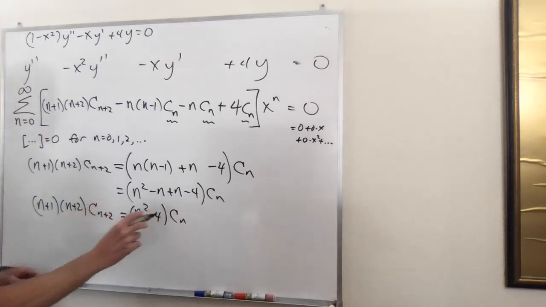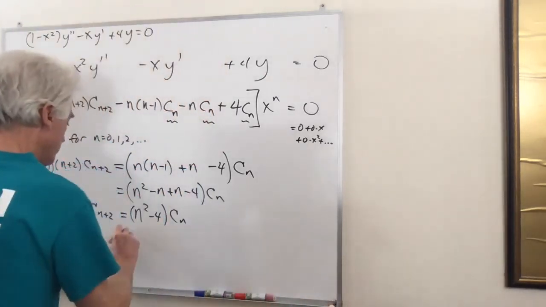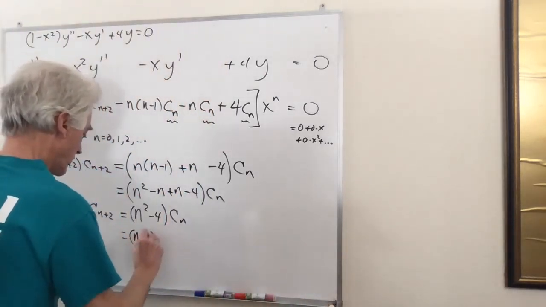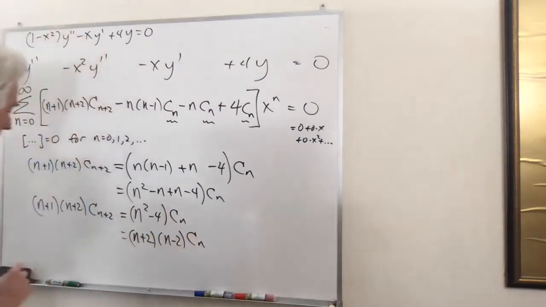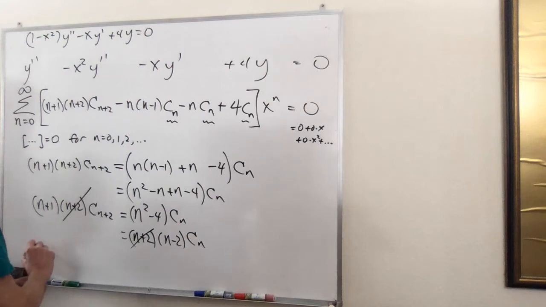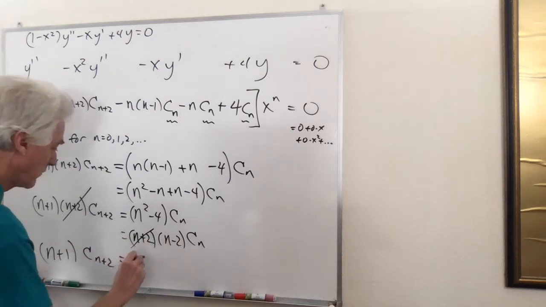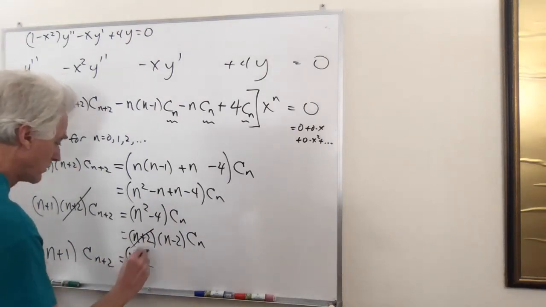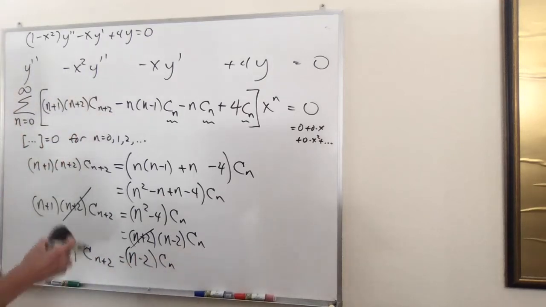Oh, but n squared minus 4 is a difference of squares. This is equal to n plus 2 times n minus 2 times cn. Okay? And I can cancel those two terms, and what do I get? I get n plus 1 times cn plus 2 is equal to n minus 2 times cn.